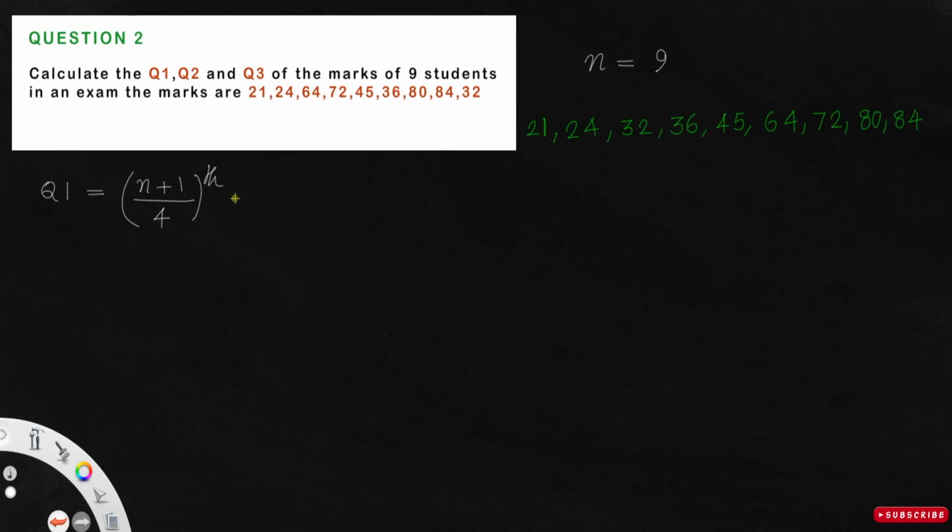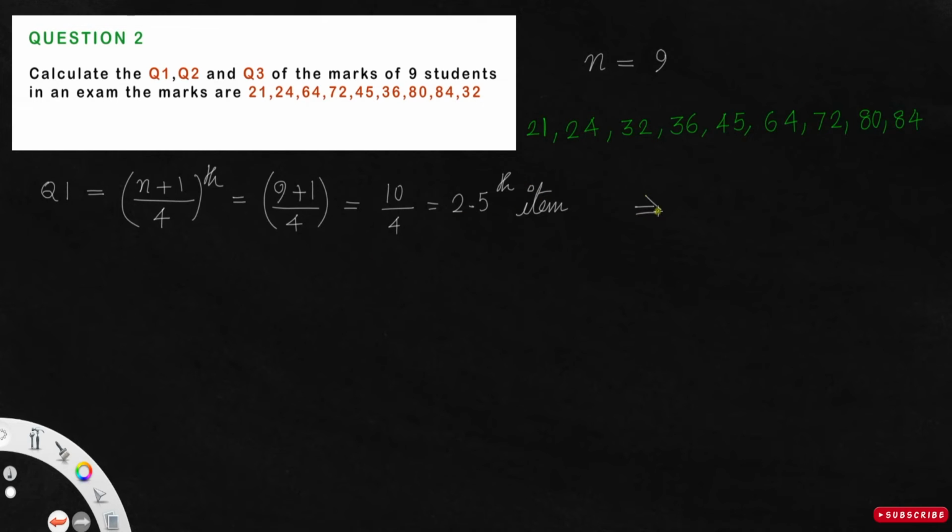Now we can plug in the value of 9 instead of n. So 9 plus 1 by 4, which is equal to 10 by 4. That's actually the 2.5th item. So the first quartile is the 2.5th item.